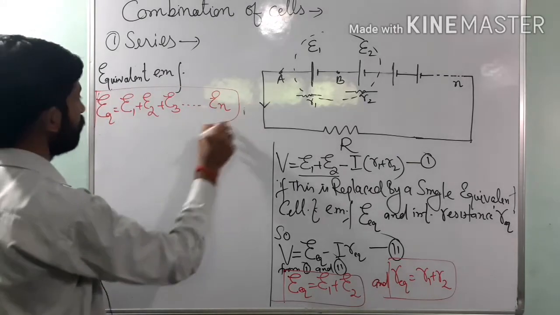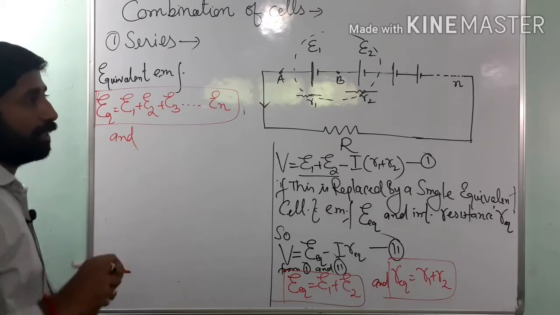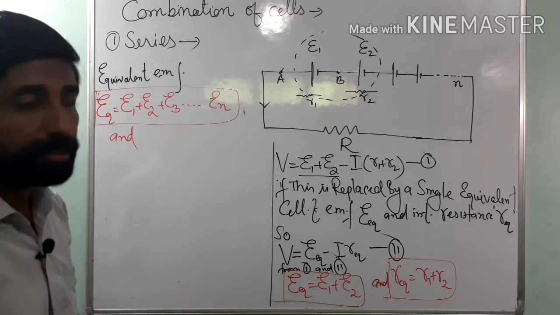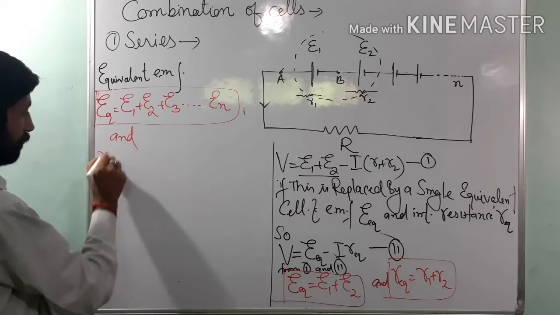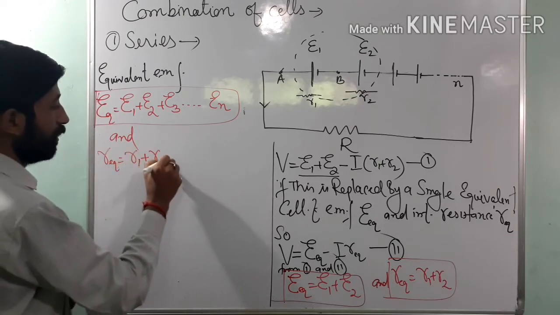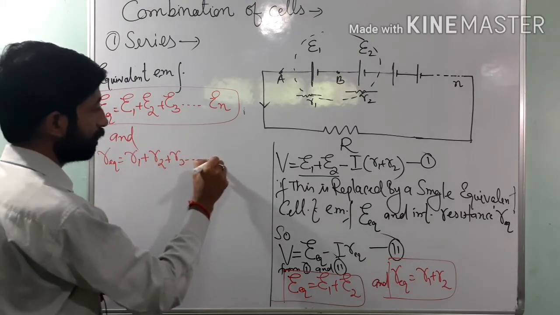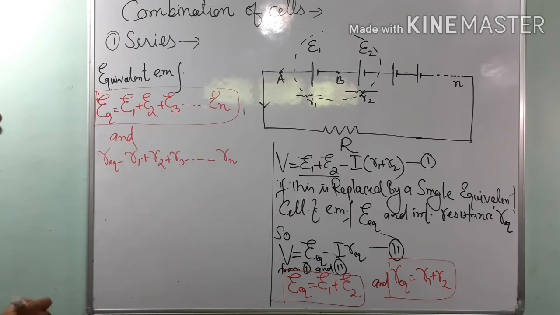Okay, and the effective internal resistance of the combination is R equivalent equals R1 plus R2 plus R3 up to Rn. So what will be the current in the circuit?